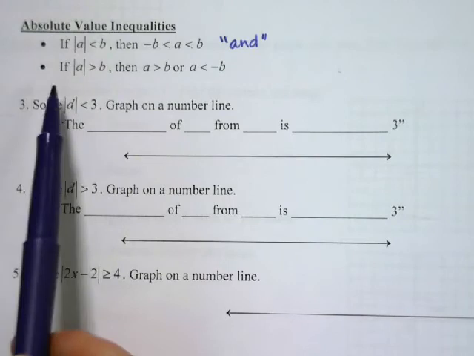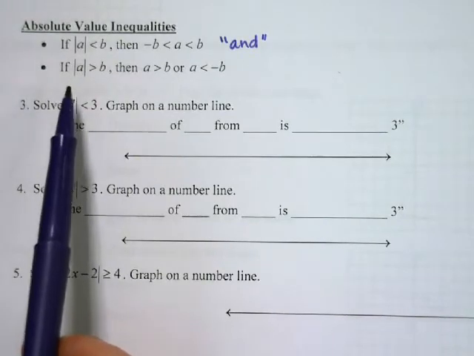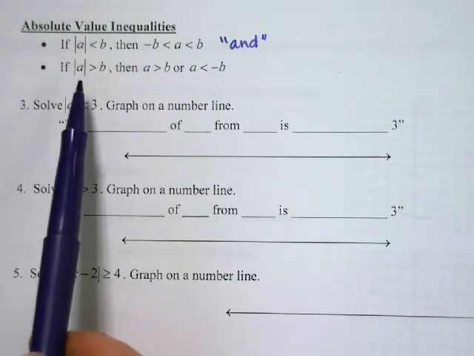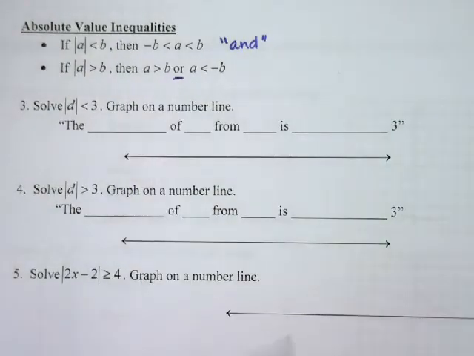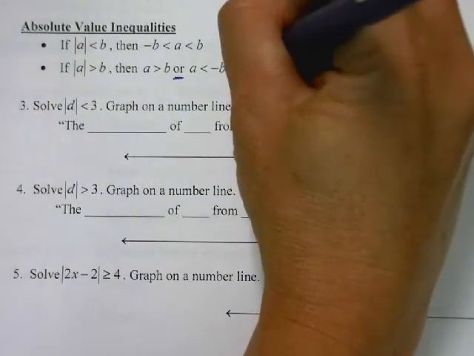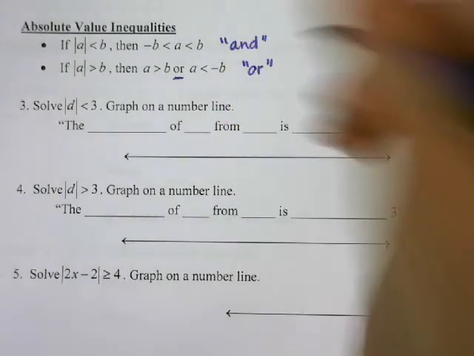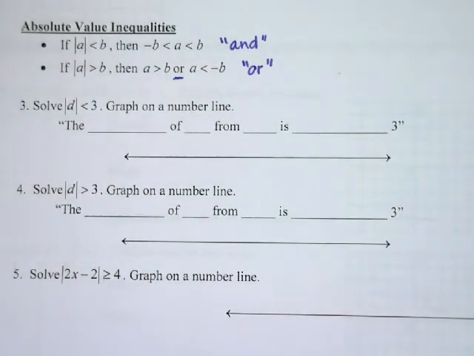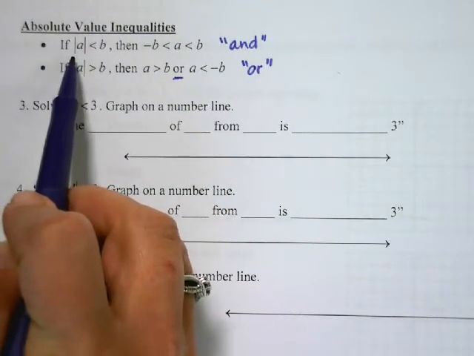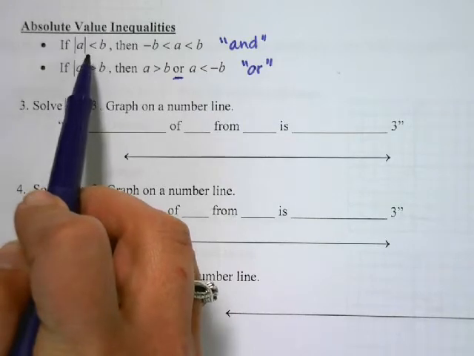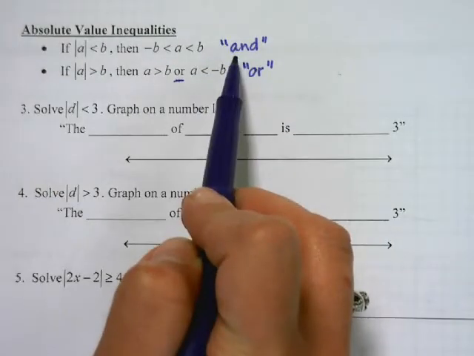Then it says if the absolute value of A is greater than B, then A is greater than B, or A is less than negative B. So if we have an absolute value and it says I'm going a distance smaller than B, then I end up with an and.